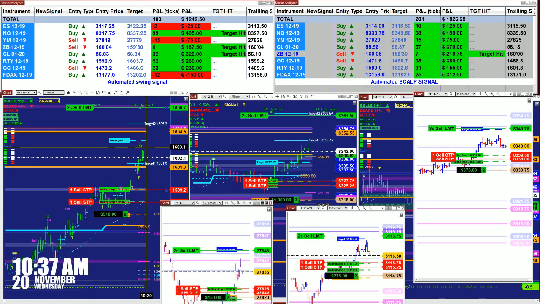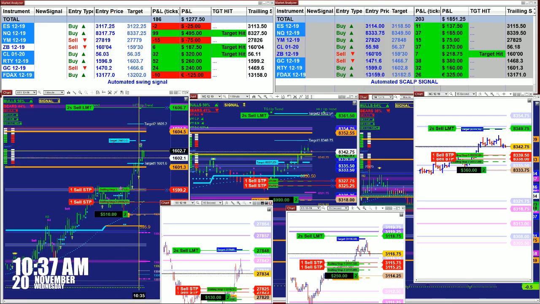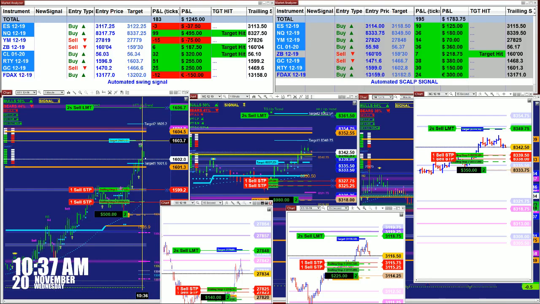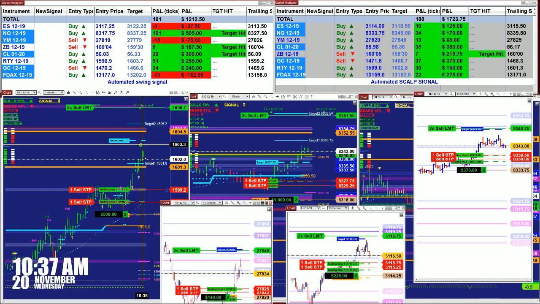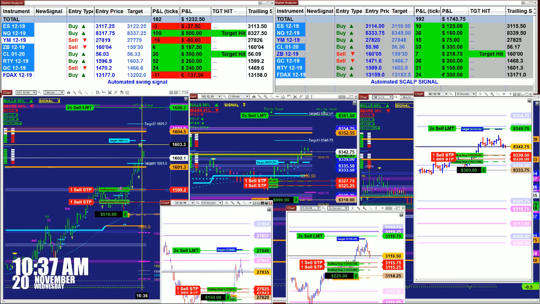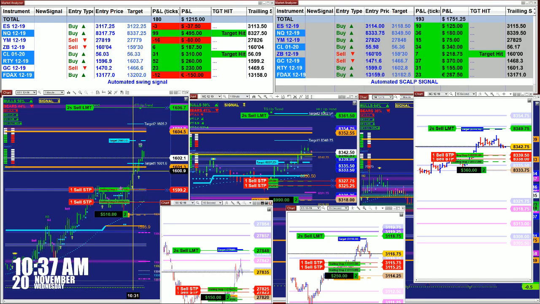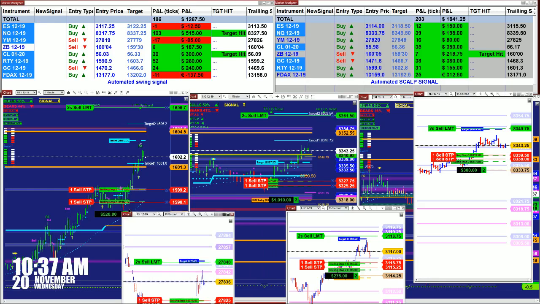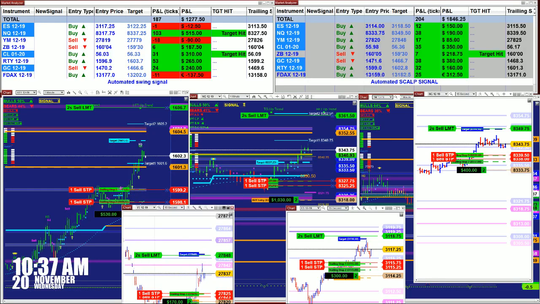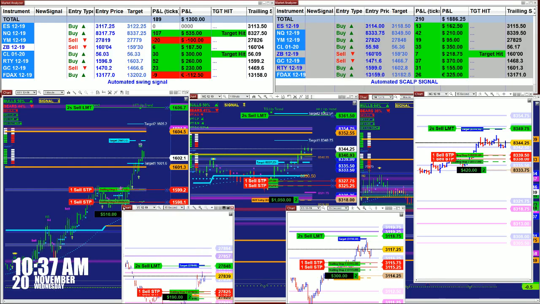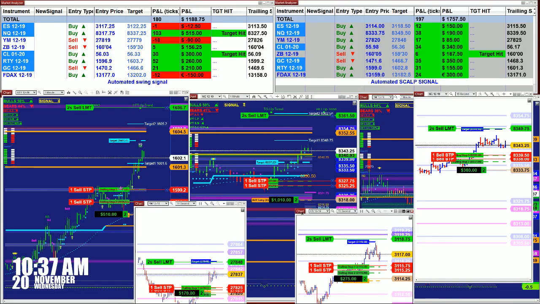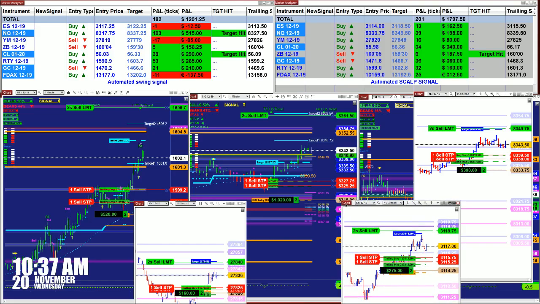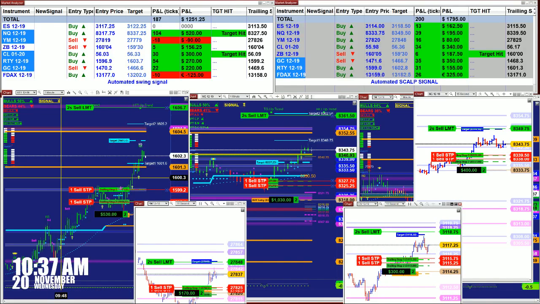When we are climbing to the target at 16037, there is a double reversal signal that pops out on the chart, and those do not repaint. Most of the reversal indicators repaint, and those are not a repaint. This immediately indicates, if you want to start considering taking some of your profit off, you can do that.